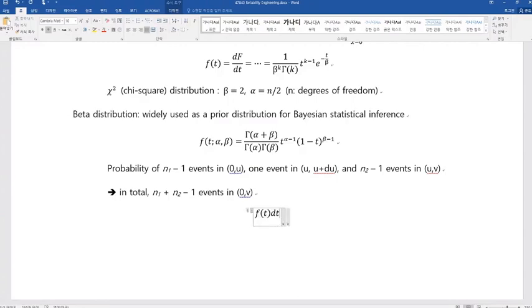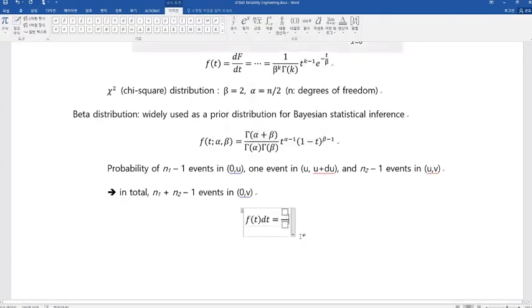So f(t)dt, first we need to see n1 minus 1 events in the time duration u. So what we should apply is the Poisson distribution.